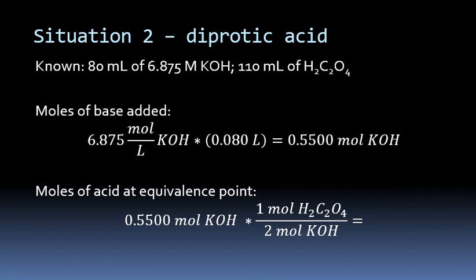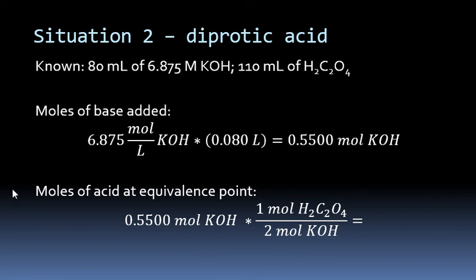So those two numbers multiplied together will still be 0.55 moles KOH. Now here's the trick though. Our moles of acid and our moles of base are not 1-to-1. It takes 2 moles of our base to react and neutralize 1 mole of our acid, or fully neutralize 1 mole of our diprotic acid.